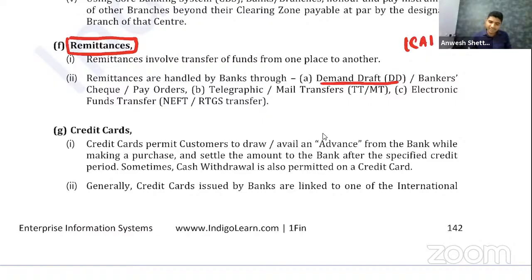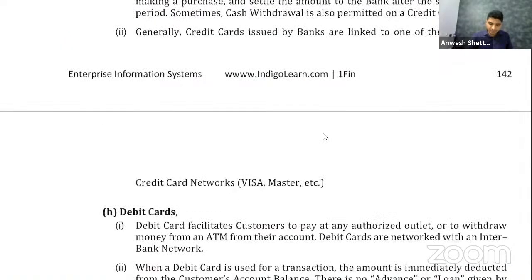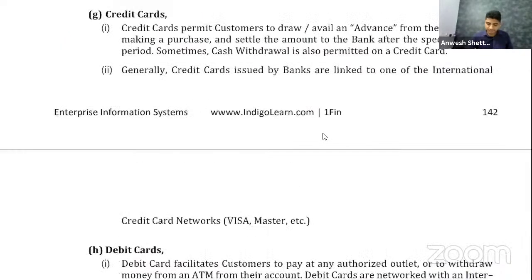Then there are some instruments like bankers check, pay orders, and telegraphic transfers. All these things are not relevant now, so DD is still there. As far as the transfer function is concerned, we use NEFT, RTGS, and also something called IMPS. NEFT is for smaller transactions.